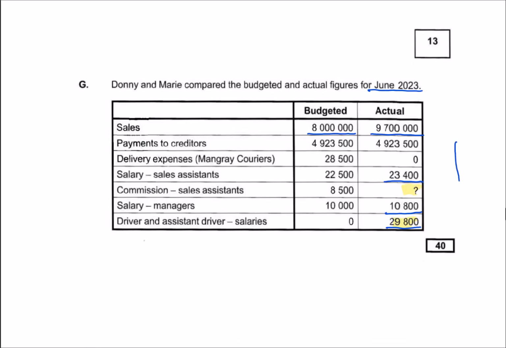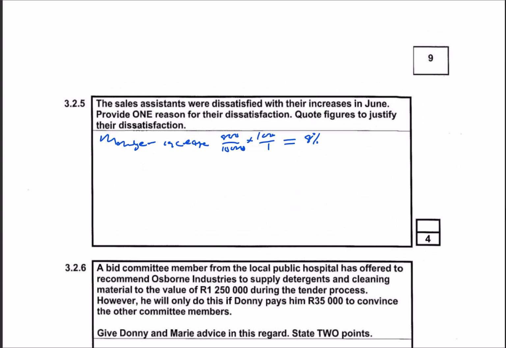It's 23,400. That's a 900 increase. So that is 900 divided by 22,500 times 100 over 1.